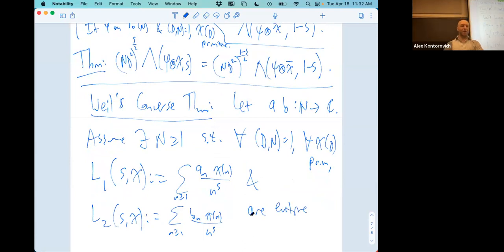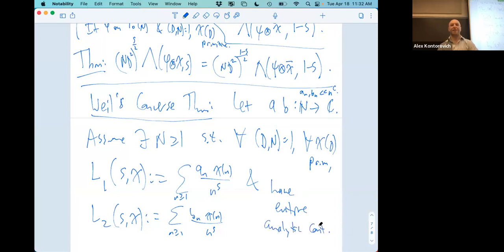They have analytic continuation. They're first of all defined somewhere. I need these to grow no more than polynomial. So I have to assume that they grow no faster than polynomial, so these are defined somewhere, and that they have entire analytic continuation.